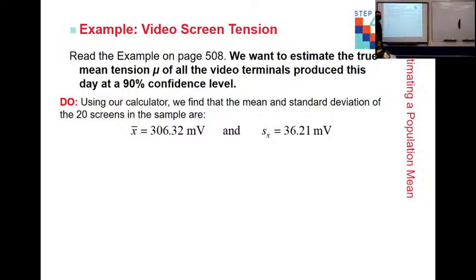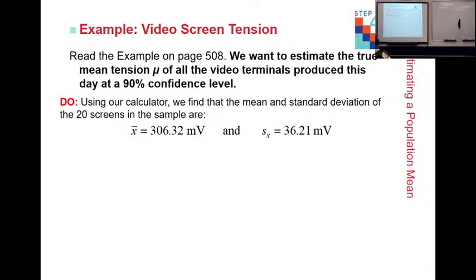We went in our calculator, put the data into list 1, and got our one variable stats and found our mean and our standard deviation. The next thing we need to find in our formula is the t-score. Remember, the t-score needs two things. It needs our area, just like the z-score did, and then it needs degrees of freedom.